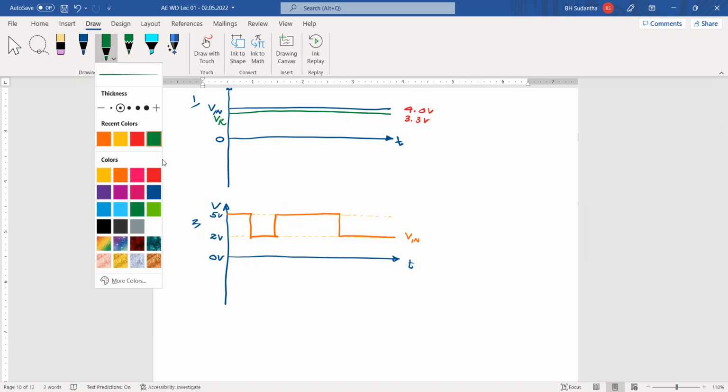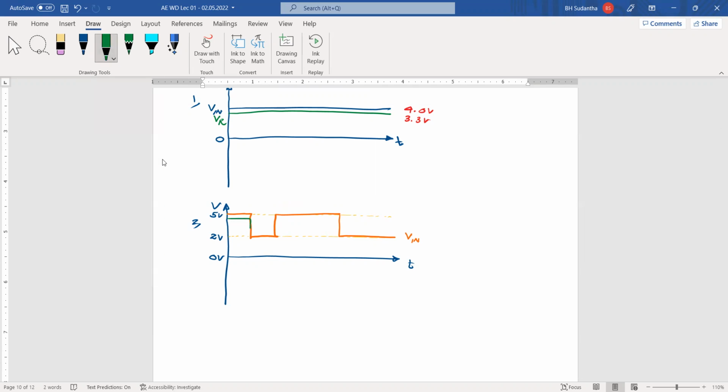Okay, it will be something like 0.7 volts less than this. Is it okay?